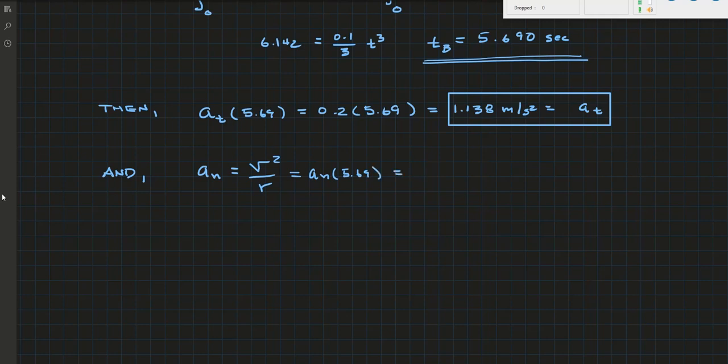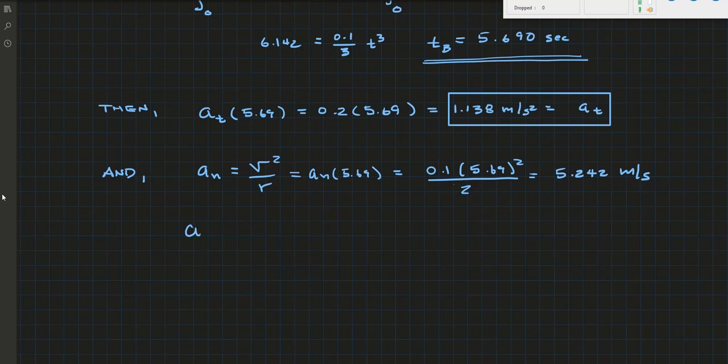We'll just put in the equation we derived, 0.1t squared, 5.69 over the radius of 2, and this equals 5.242 meters per second squared.